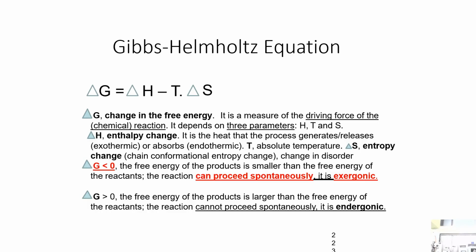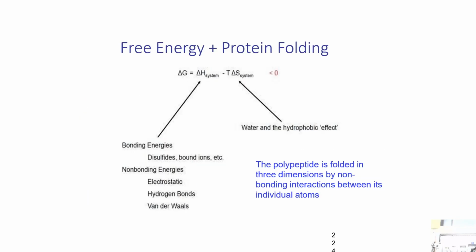Now, if delta G is greater than 0, the free energy of the products is larger than the free energy of the reactants. So the reaction cannot proceed spontaneously, it is endergonic, right?